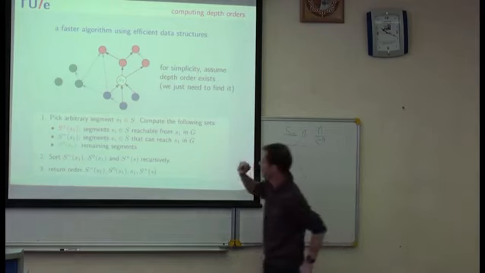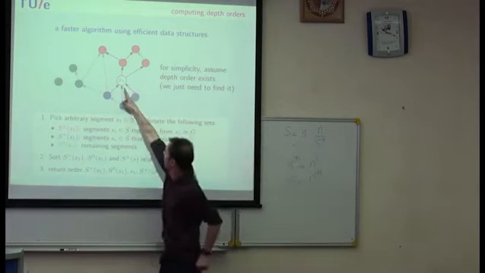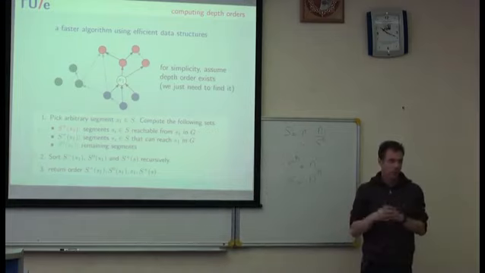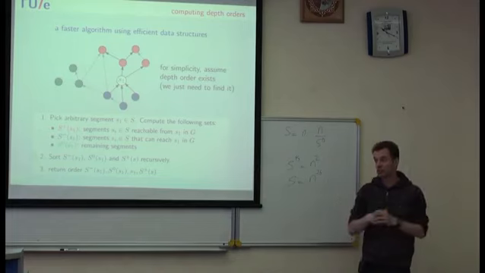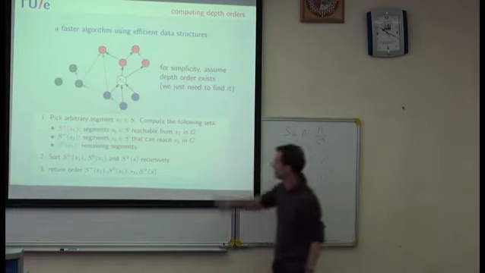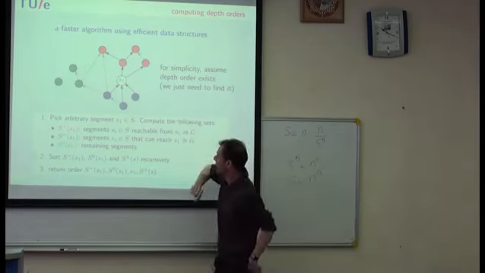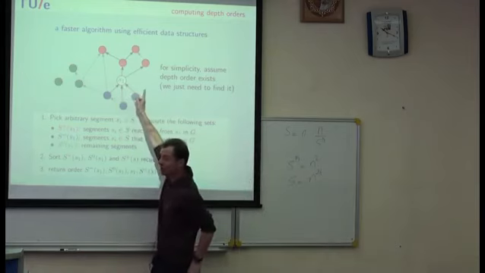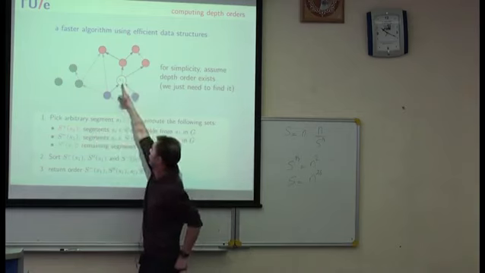Okay, so what the algorithm is going to do is pick this segment here, and the other segments I want to partition into 3 types of segments. Think about this graph. I have all the segments or nodes in the graph which I can reach from this node.